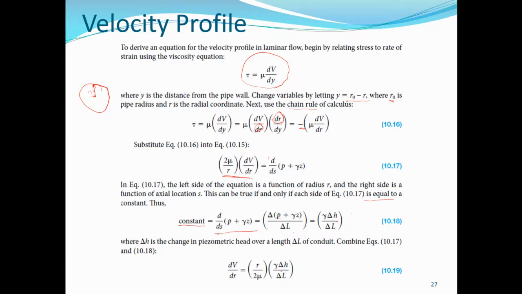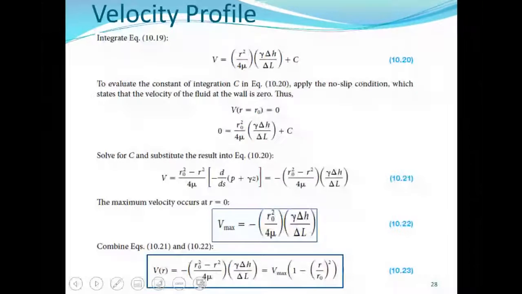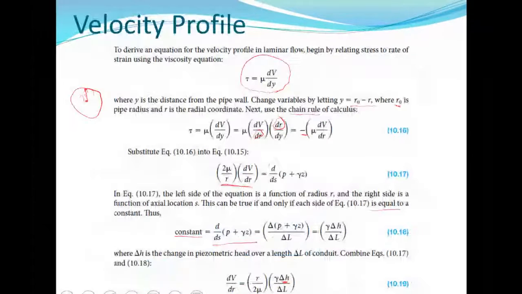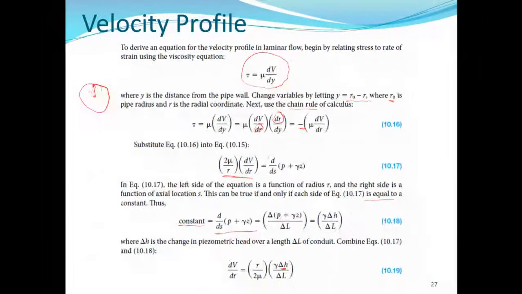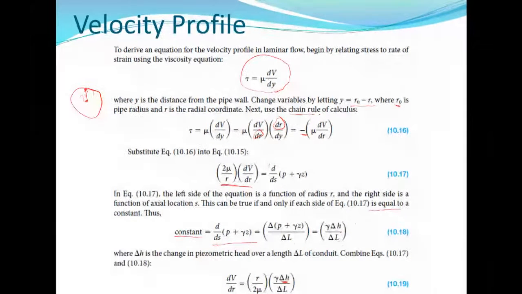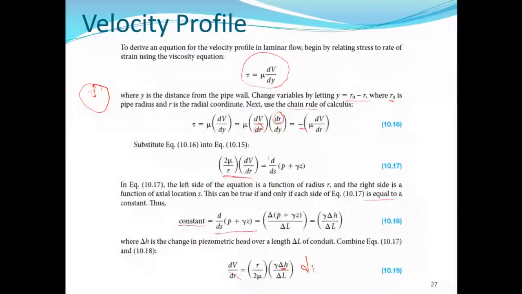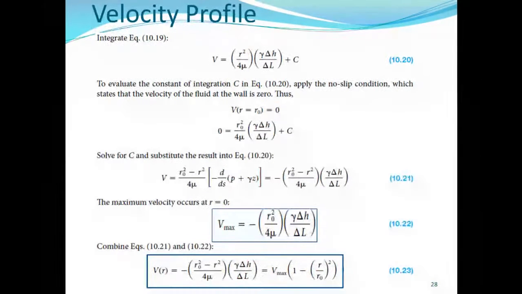So it's now equal to this. And then here, remember delta h, we now take the r here and integrate. And when we integrate, we will have a constant of integration.